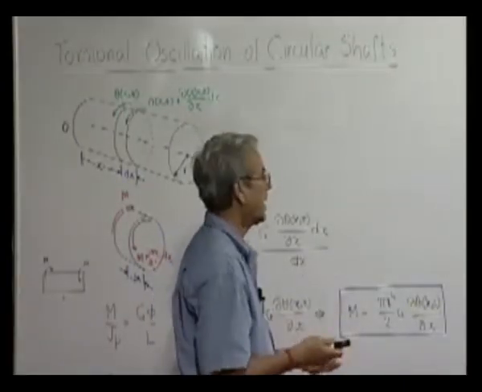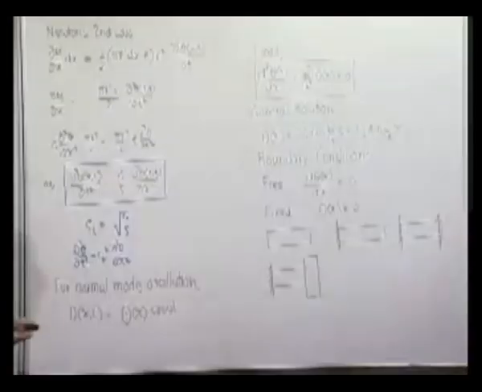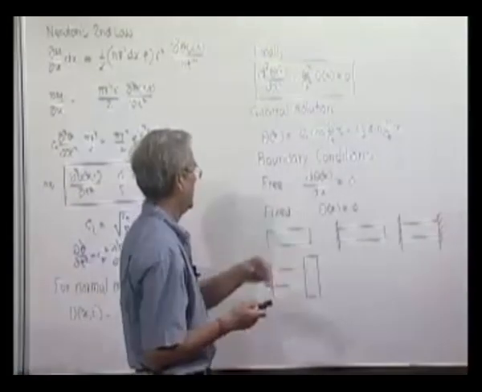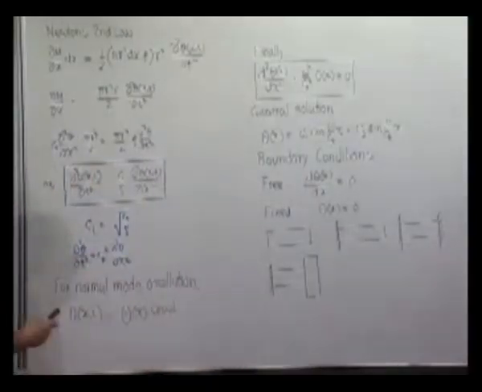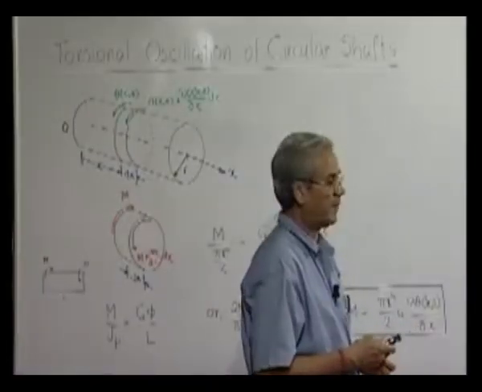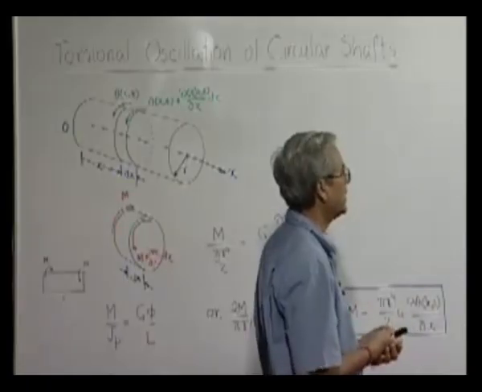The mode shapes will also be similar to what we got in case of longitudinal vibration of a bar for the same condition, same form of solution. Only capital X will be replaced by capital theta, and C will be replaced by theta.